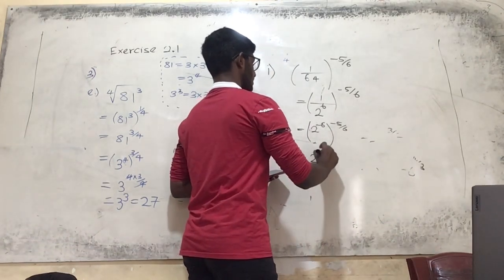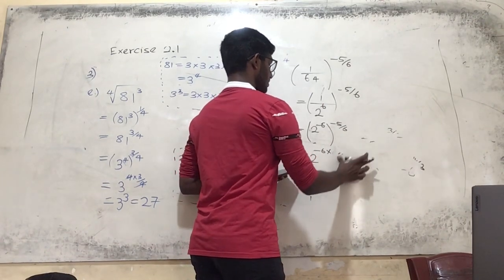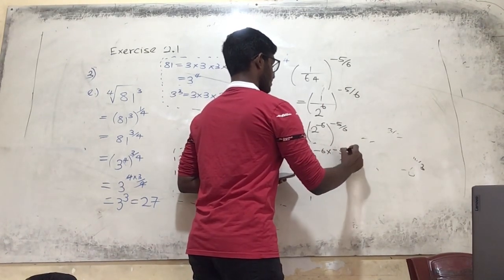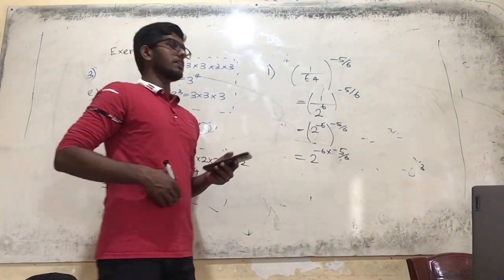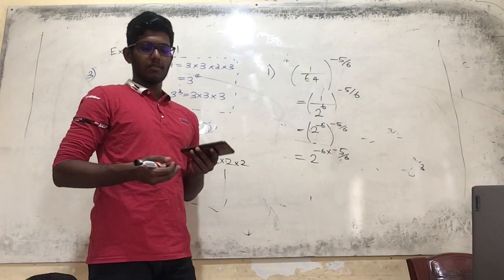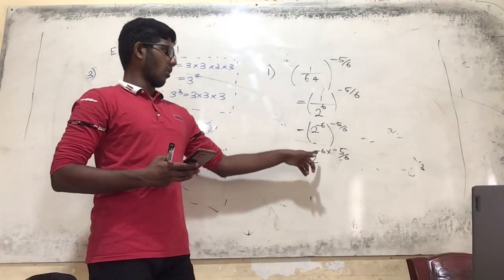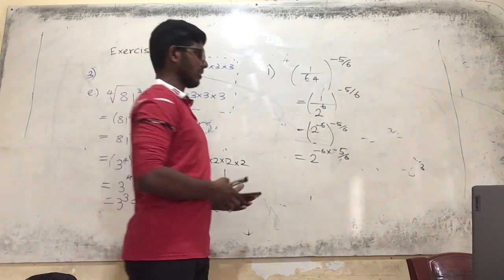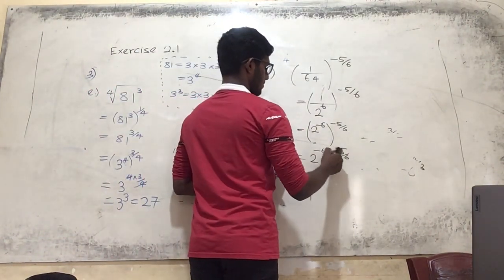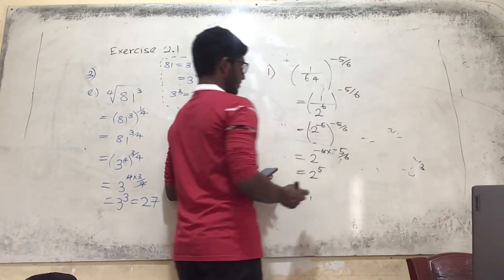Then, into, the product of two negative numbers. So multiplication of two negative numbers gives a positive number. Right? So 6 times negative 6 times negative 5 over 6. What is that? These two will get cancelled. You are going to get positive 5. Right?